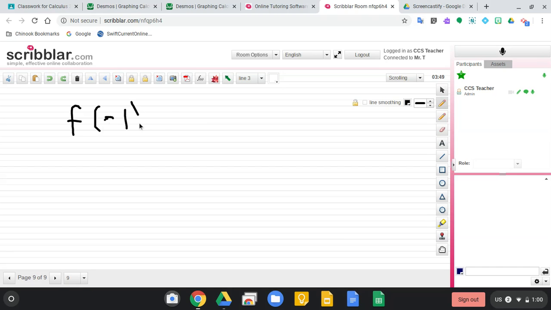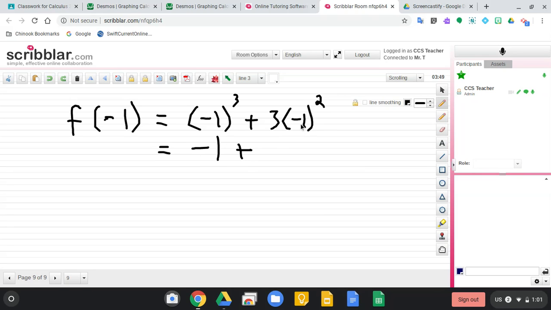So I'm going to find f of minus 1. The original function was x cubed, so that's minus 1 cubed plus 3x squared, so 3 times minus 1 squared. So that's going to be minus 1. Minus 1 squared is 1 times 3 is 3, and minus 1 plus 3 is 2. So that means I have an inflection point at an x value of minus 1 and a y coordinate of 2.